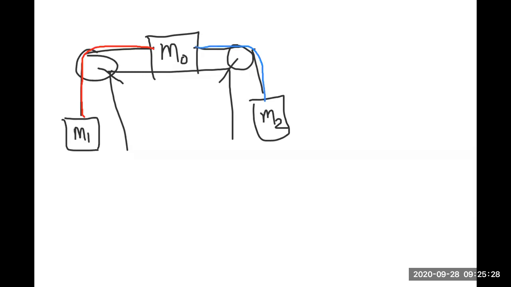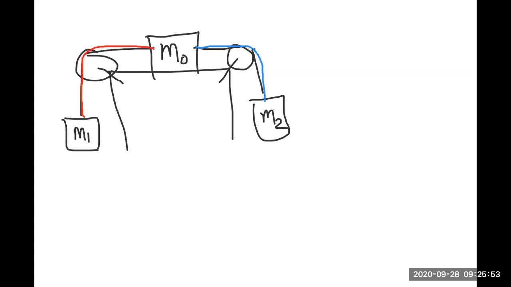There is a direct connection between the masses, between the blocks. So if m1 moves down by a distance of x, it is guaranteed that m0 has to move left by a distance x. And if m0 moves left by a distance x, then it is guaranteed that m2 will move up by a distance x, right?